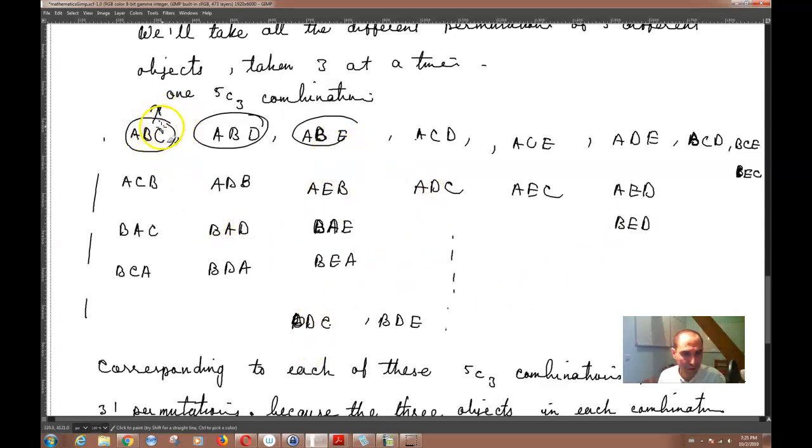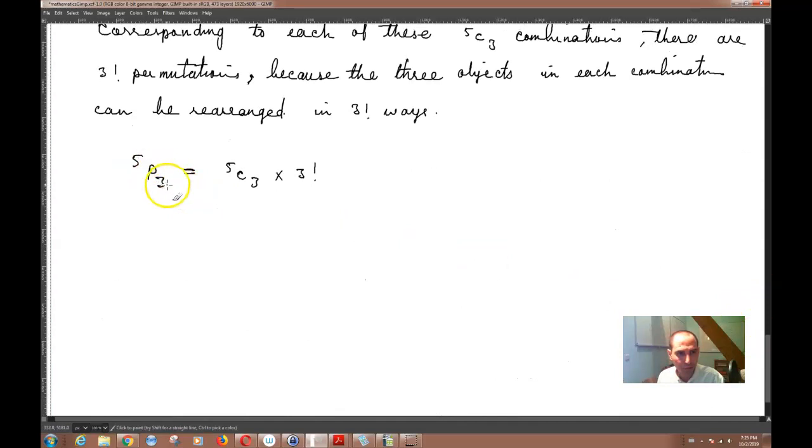So then what that means is that 5 combination 3 times 3 factorial is equal to 5 permutation 3. So 5 permutation 3 is equal to 5 combination 3 times 3 factorial.